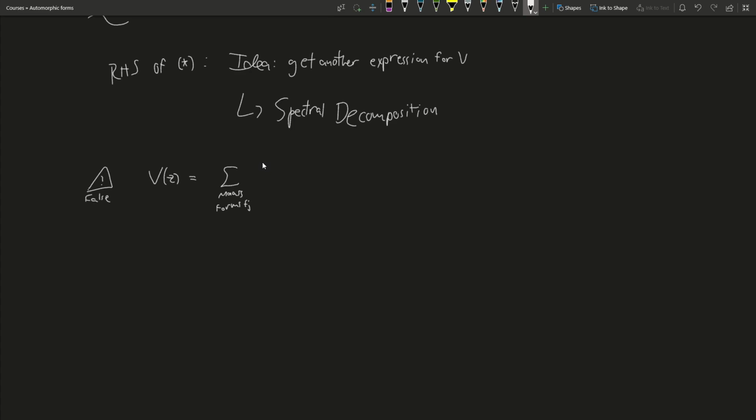And what appears here is you're going to take this inner product of v with your Maass form. You're going to normalize by the norm of this Maass form, where here these brackets indicate the Petersson inner product, and you have your Maass form here.